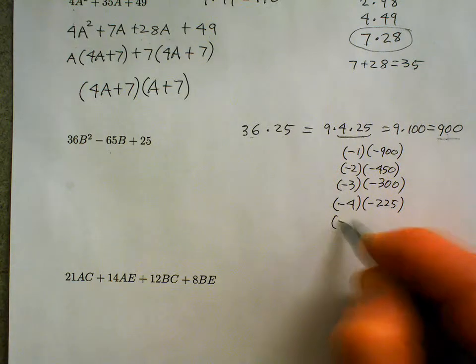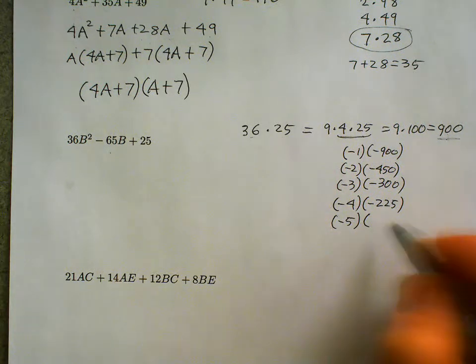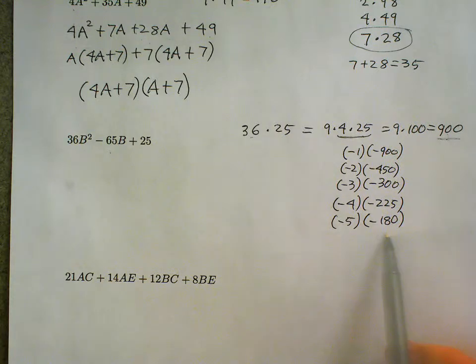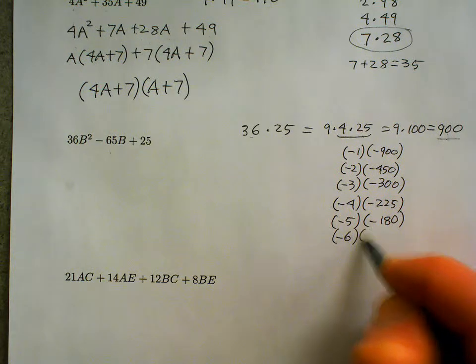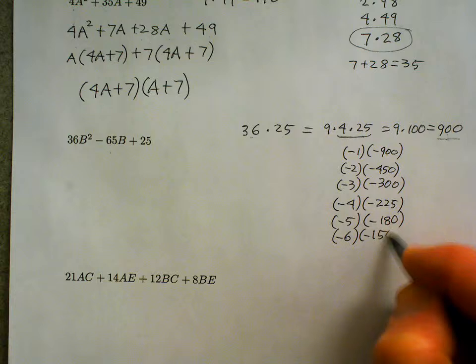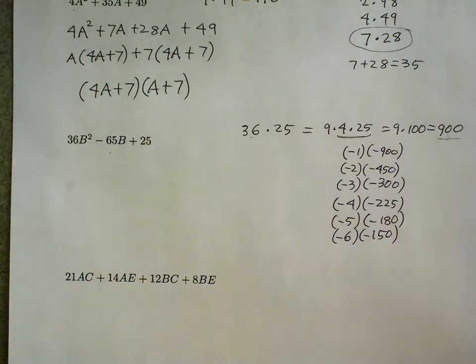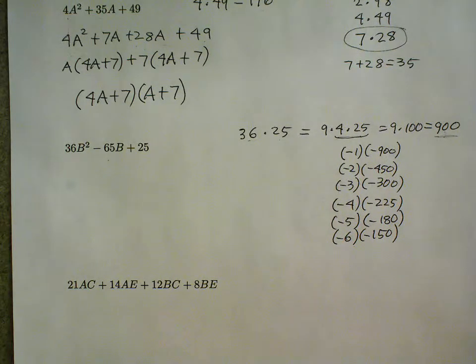So -5 times -180, those add up to -185. -6 and -150. Okay, we're out of time, so I'll leave the rest of that for you to do.